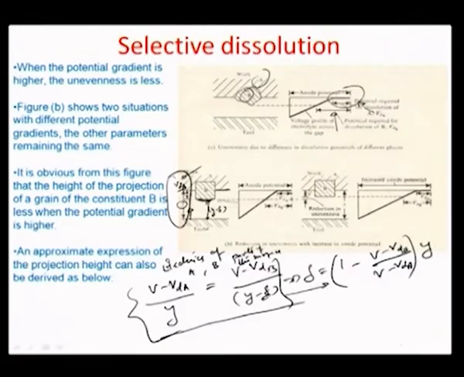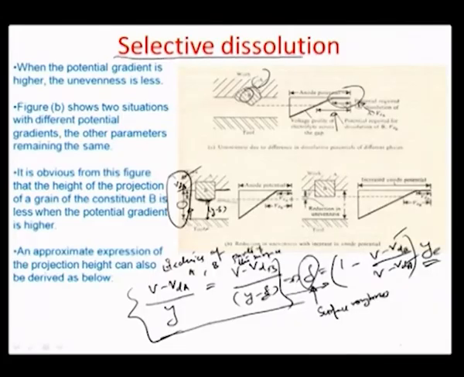Just algebraic manipulation from this particular equation here. And so you can find out what the surface roughness is if you know the dissolution potentials of the phases A and B, and you are aware of the gap when the two surfaces are in equilibrium. So this can be the equilibrium gap.